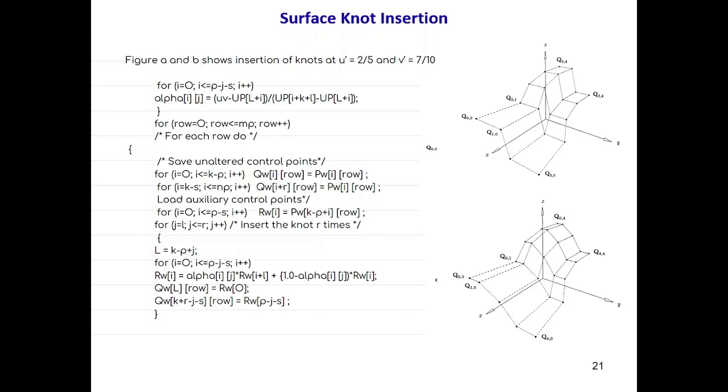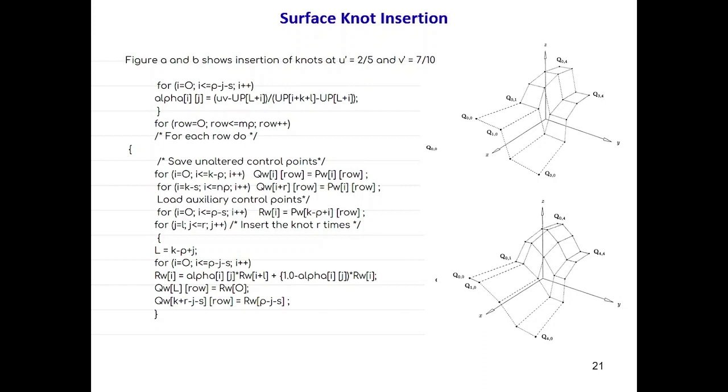We save the unaltered control points in a row and Q row, and equate it to PW row. We insert the knot r times in the next loop while loading the auxiliary control points, and we take the alpha in the next loop again for RW.